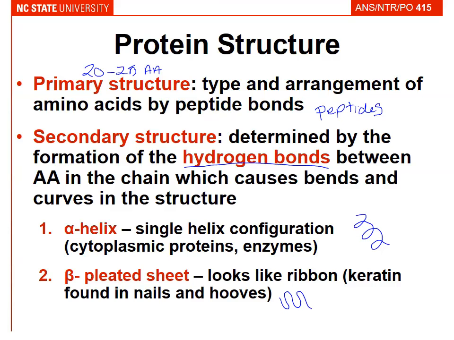Beta pleated sheets are more prominent in our keratin proteins, our fibrous structural proteins. Our alpha helix is more prominent in our globular proteins that are part of the cytoplasmic proteins and enzymes. Now, typically when you go into the tertiary structure, we're going to have a combination of alpha helix and beta pleated sheets.